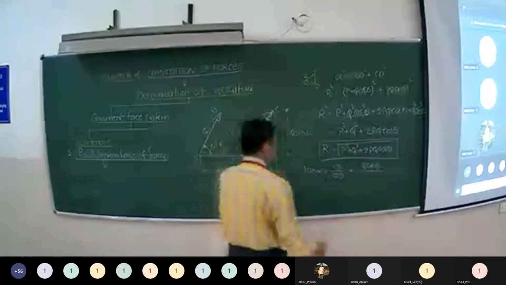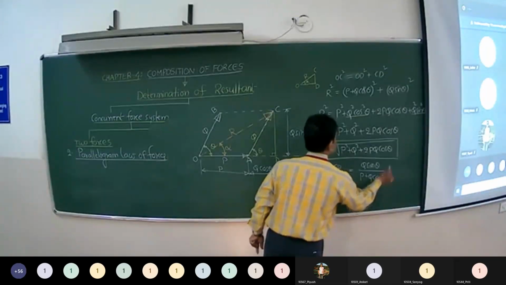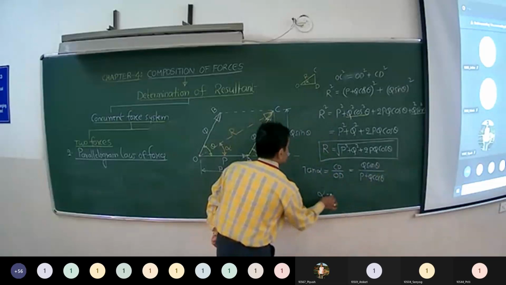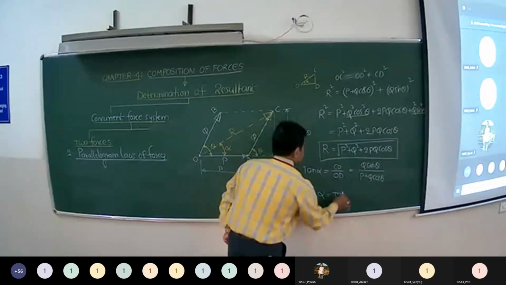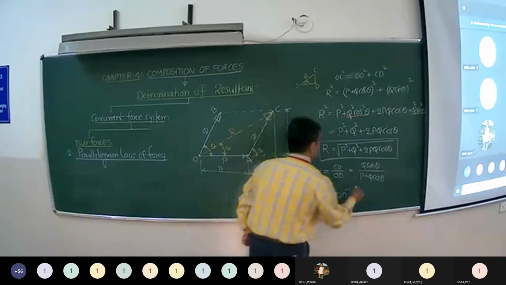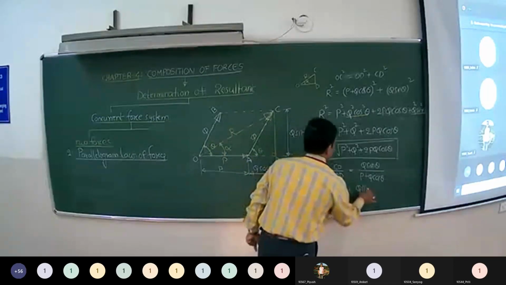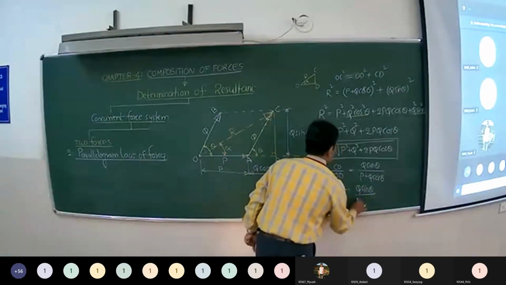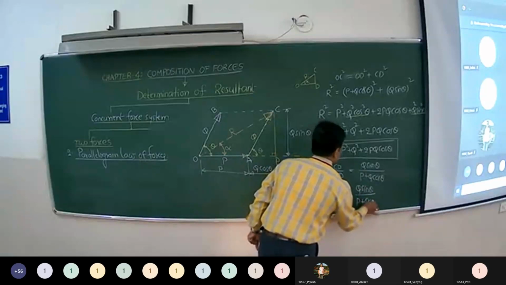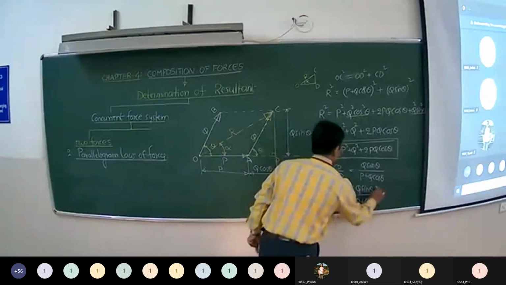OD is OA plus AD, P plus Q cos theta. So this gives you direction of resultant alpha is equal to tan inverse of Q sin theta upon P plus Q cos theta.